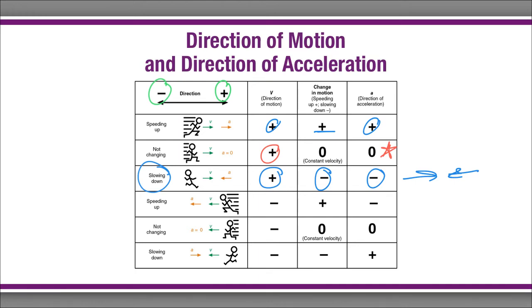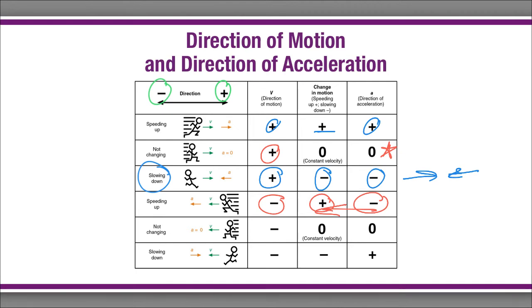Now, at this point, you have stopped, you've changed directions, and now you're traveling and your velocity is in the negative direction, okay? Now, your change in motion is positive because it's getting greater, all right? But the direction of your acceleration is negative because now you're accelerating to the left, okay?